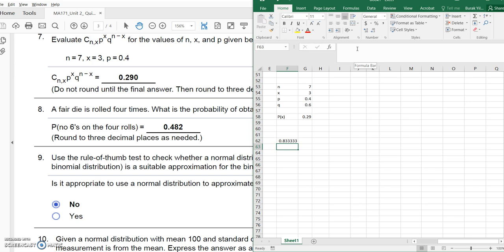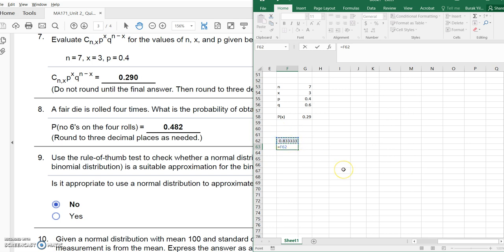And you roll this 4 times, and every time the probability of not getting a 6 is always 5 over 6. So then the answer would be 5 over 6 times 5 over 6 times 5 over 6 times 5 over 6.